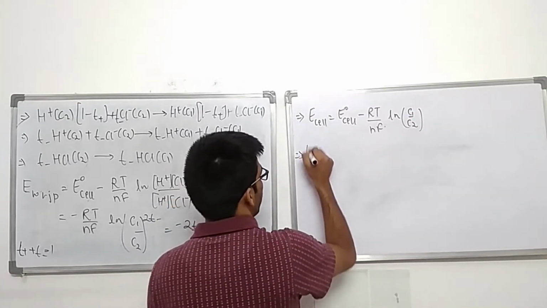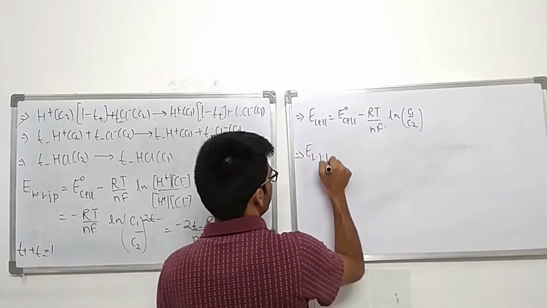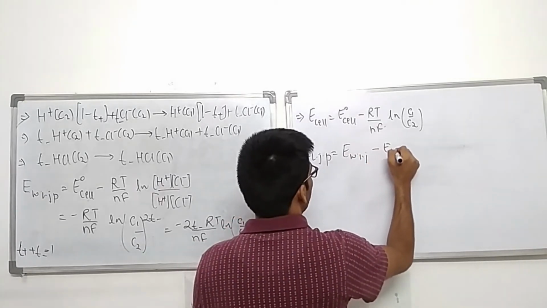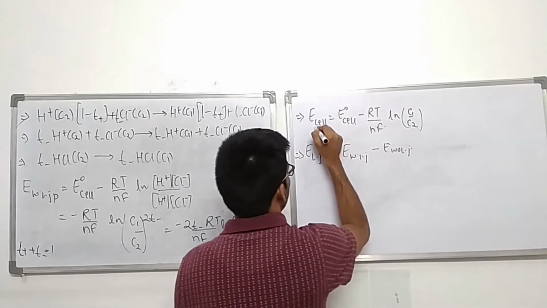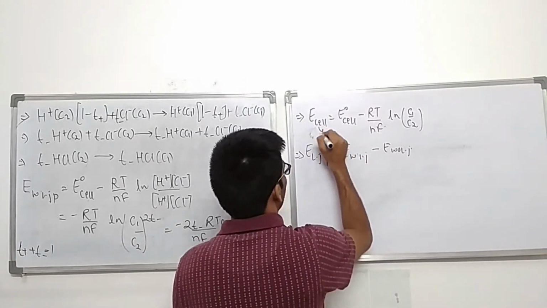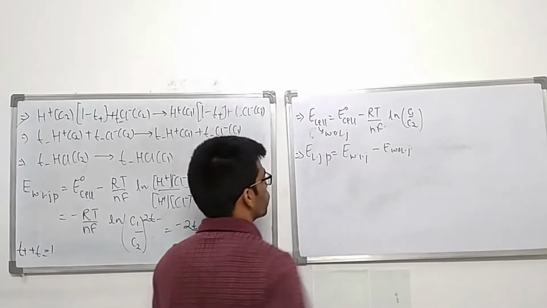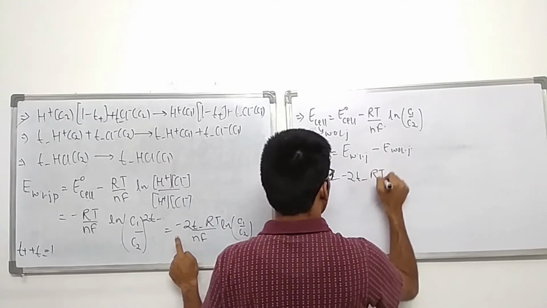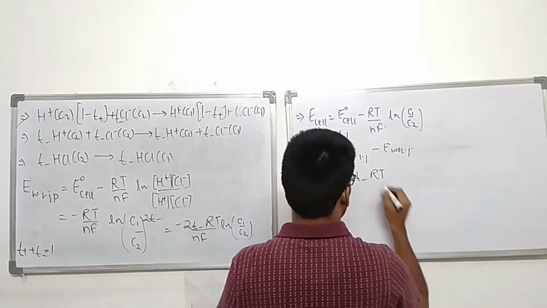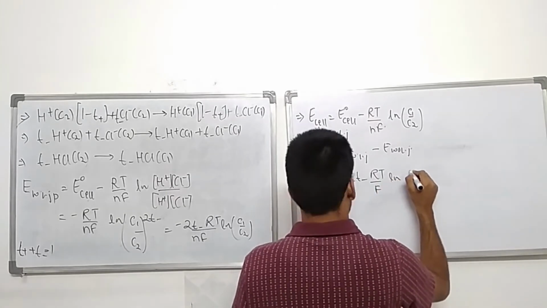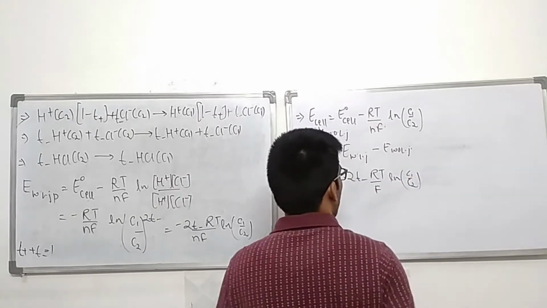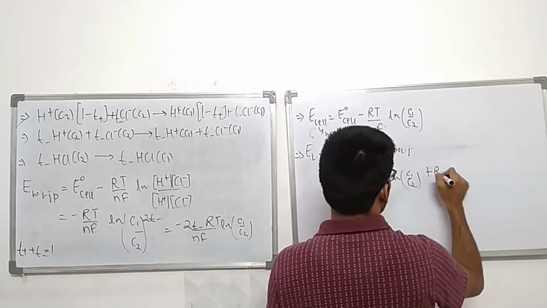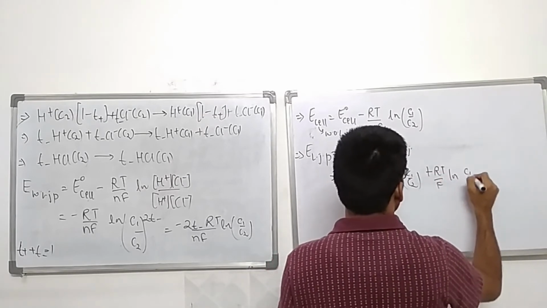Now if I have to find the liquid junction potential, that will be E with liquid junction minus E without liquid junction, which was this. This is without liquid junction. So this would mean I will have minus of 2T minus RT by NF, and in this case n is 1, so I am writing F ln C1 by C2 minus, this is 0, I am having minus, it will become plus RT by F ln C1 by C2.